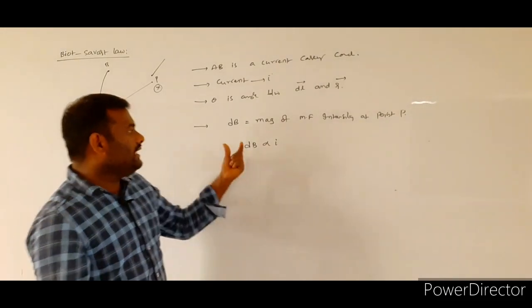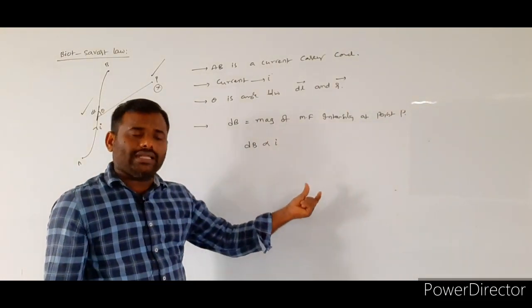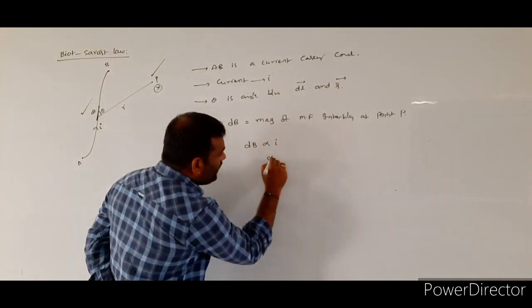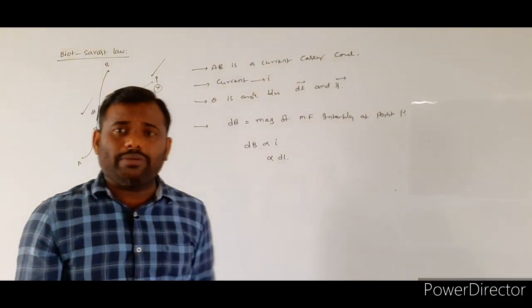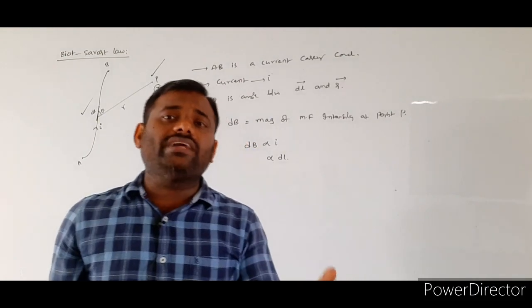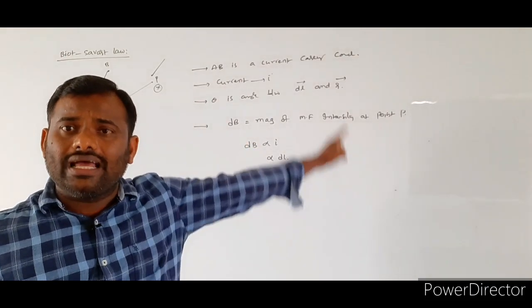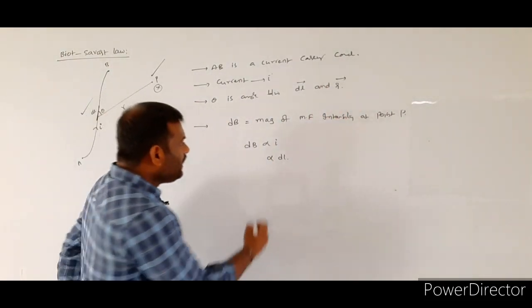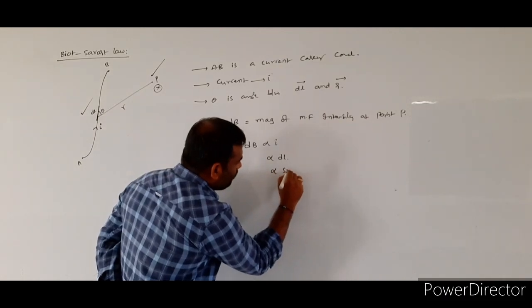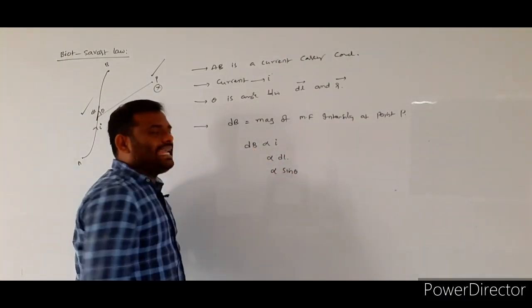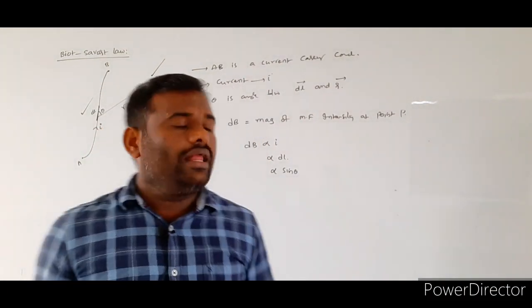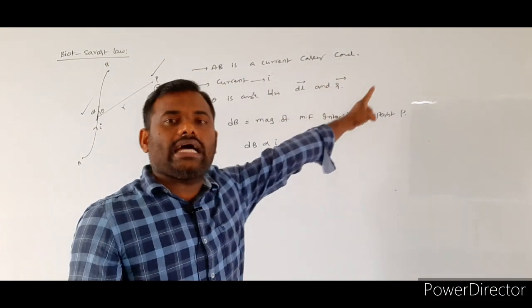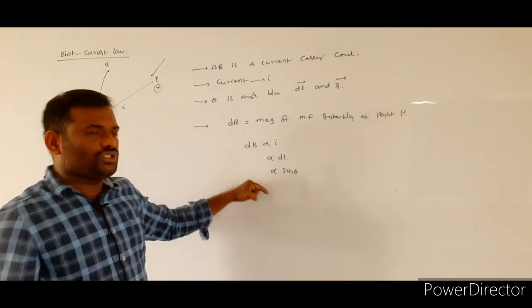That's why dB is directly proportional to I. dB is also directly proportional to dl, the length of the element. And dB is also directly proportional to the sine of the angle between dl bar and r bar.